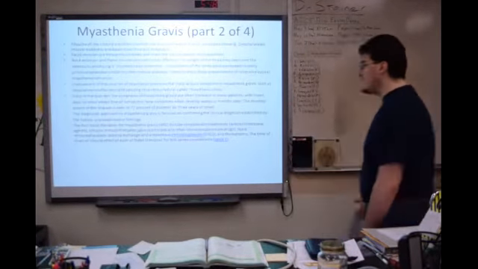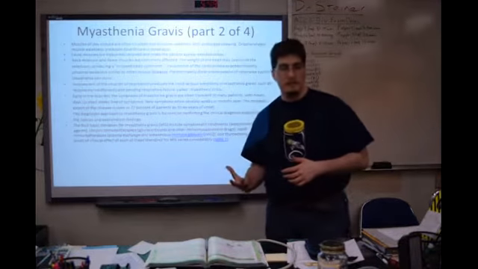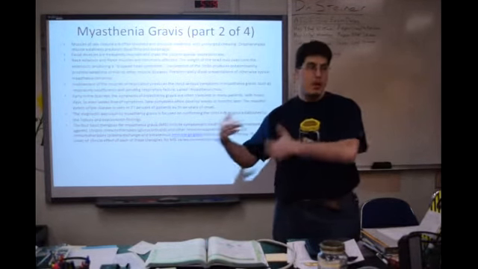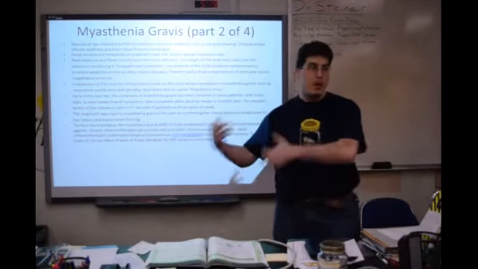You treat symptomatically with anticholinesterase agents, so you increase the amount of acetylcholine so that they have more stimulus, or they don't remove the acetylcholine they have, or you weaken their immune system so they're not attacking their own neuromuscular junction.